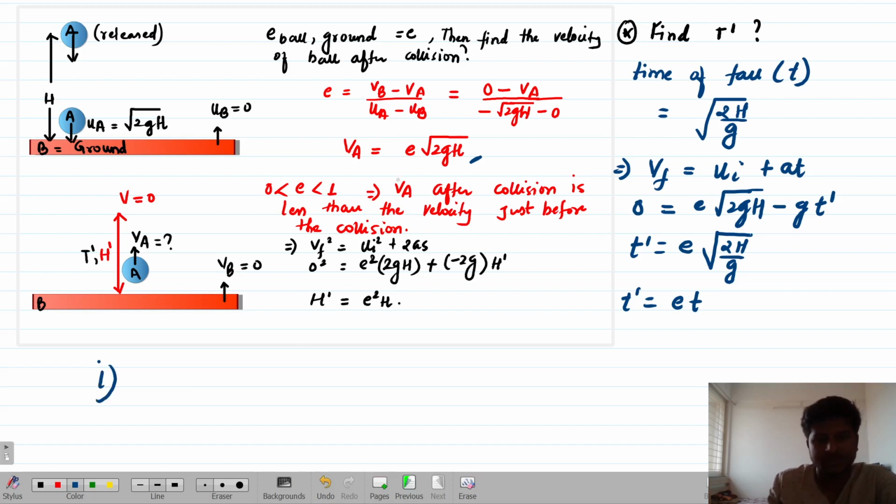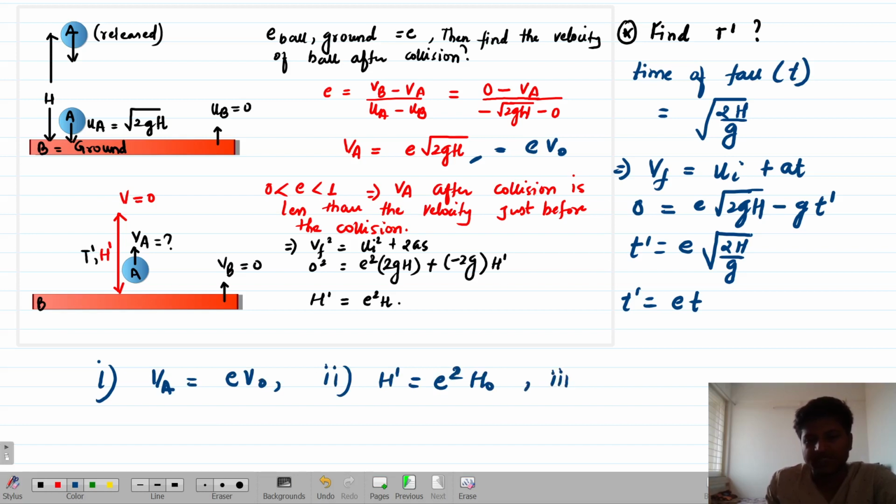The first relation is, this can even be written as E into V naught. Are you able to get me or not? So we got the velocity equation that just after collision, the velocity changes as E into V naught. But the displacement changes as E square H naught.